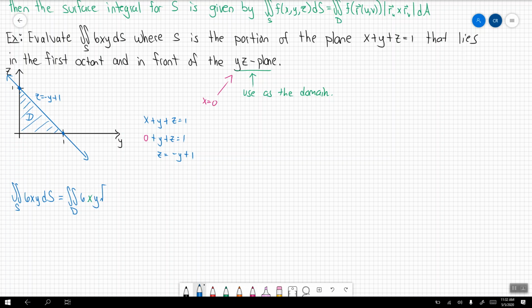Well, that's going to look like 1 plus g, and I take the derivative with respect to y, squared, plus my function g, whatever I find to reflect that surface, the partial derivative of that function g with respect to z, squared, and this is going to be dA.